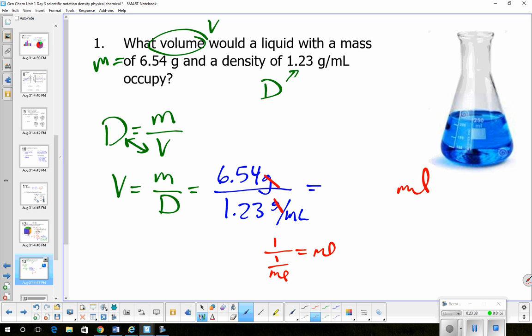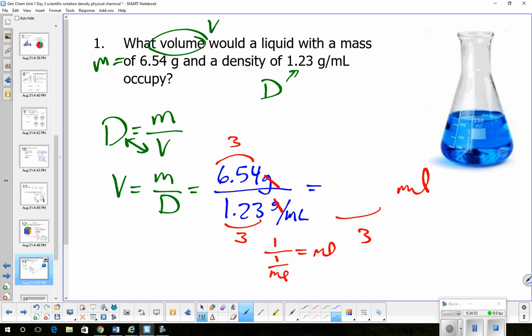How many significant figures should I report to? 3, good. There's 3 here, there's 3 here, so I can report to 3 over here. What's my calculator answer? What does your calculator throw up? Come on, that's why I had you get your calculators out, or phones.